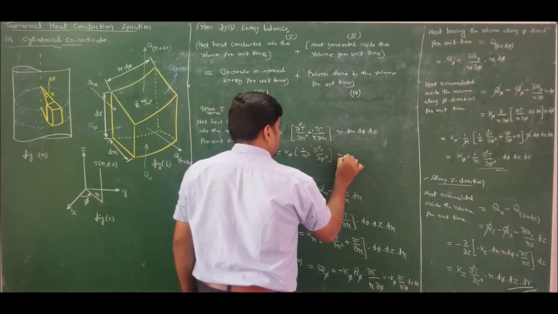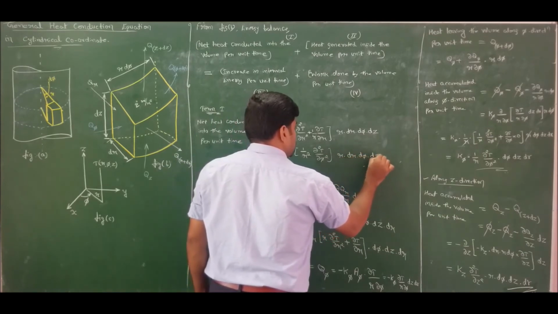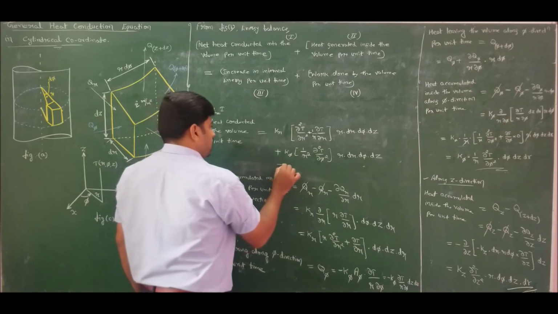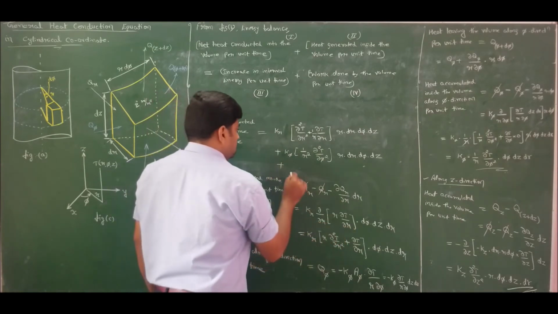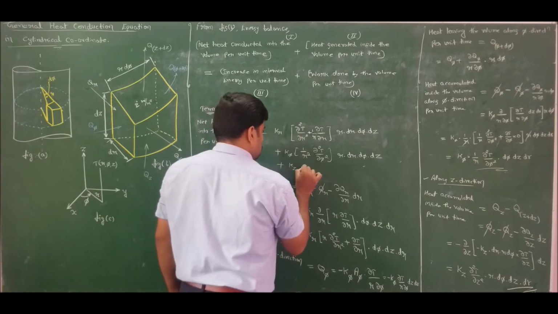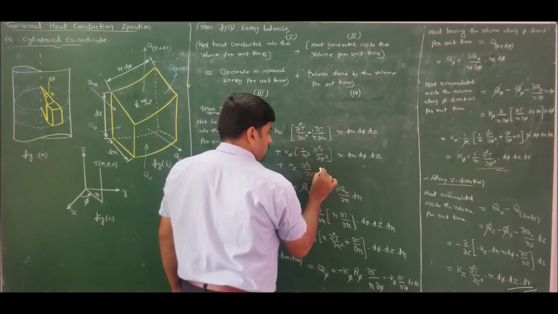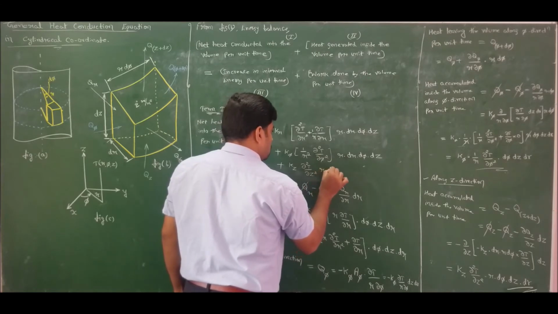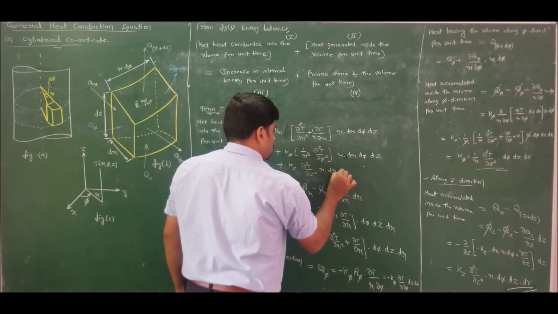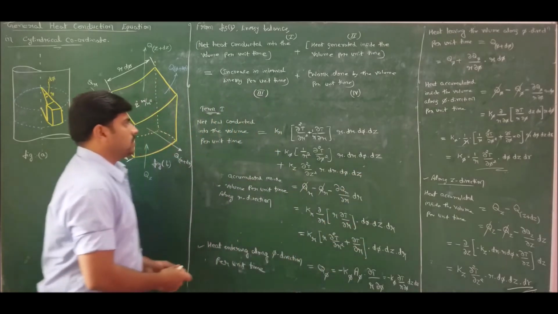Now we can take r dr d phi dz common. So plus along z direction we have kz dou square t by dou z square r dr d phi dz. So this is about term 1.